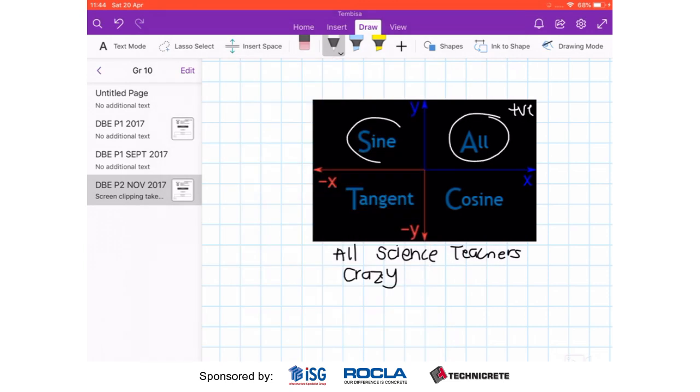In the second quadrant, only sine is positive. In the third quadrant, only tan is positive. And in the last quadrant, only cos is positive. So if we are looking for a quadrant where cos is negative, it's going to be this one and this one. And you're going to have to deduce from your y and x values where to put them.